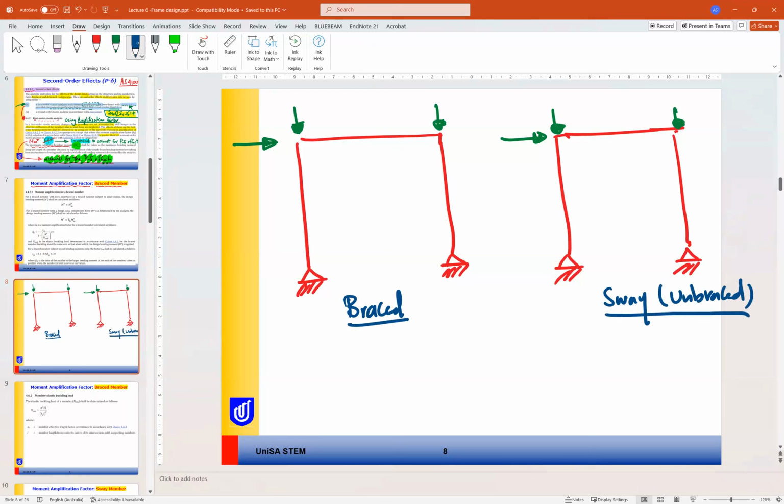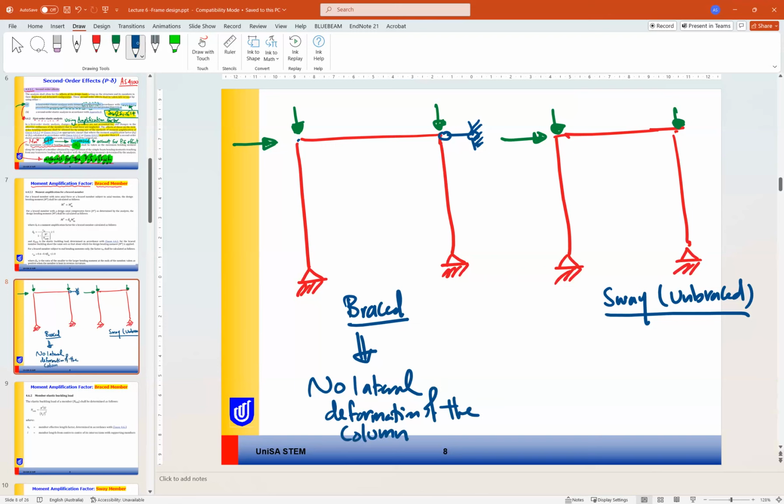What is the difference between braced and unbraced? Braced means the columns are prevented from lateral deformation. So this means when you apply the lateral load, in this case, there is no lateral deformation of the column at the top end.